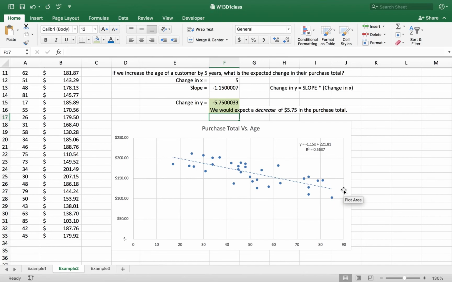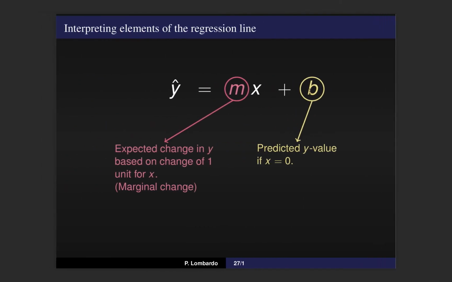Our intercept term is 221.81. Now that's a predicted purchase total if the age of our customer is 0. Well, that doesn't really make sense. We don't have newborn babies inside of our store purchasing things. So the intercept, depending on the context, may or may not be giving you any actionable information about the relationship.